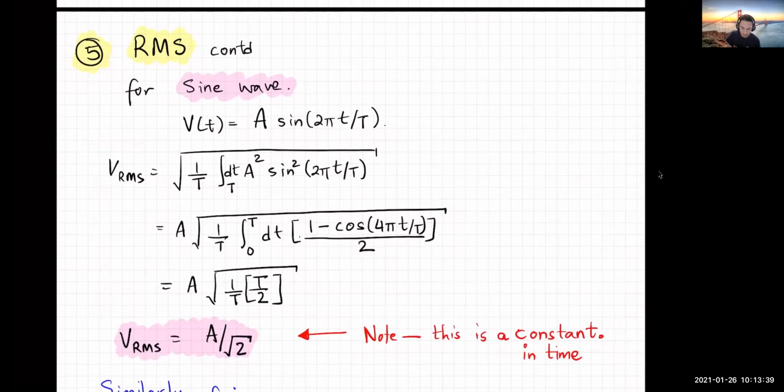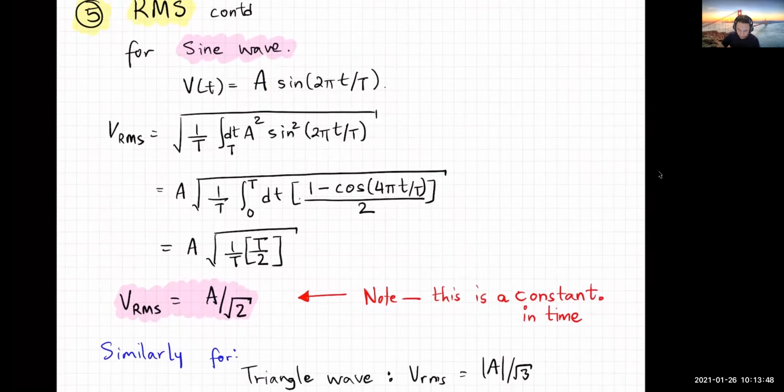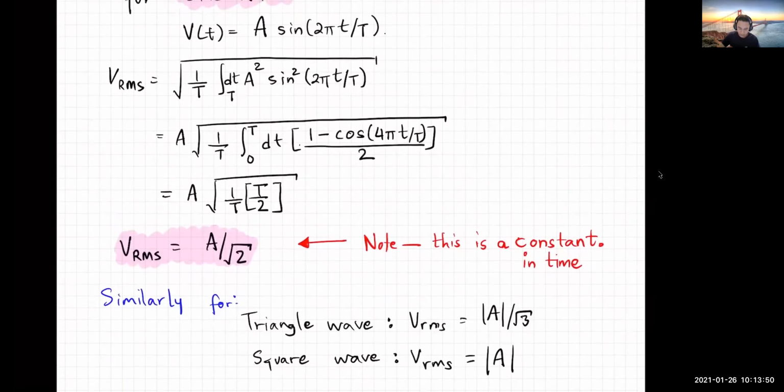If you see a sine wave with some amplitude, then its RMS is that amplitude divided by square root of 2. Similarly for a triangle wave, we can do the same exercise and the result you get is A over square root of 2. For a square wave, it's just the amplitude of the square wave.